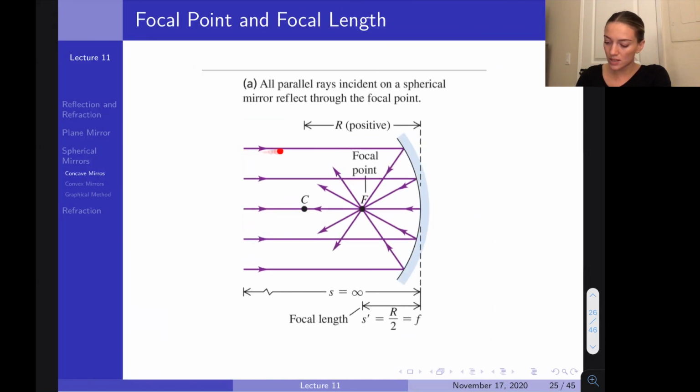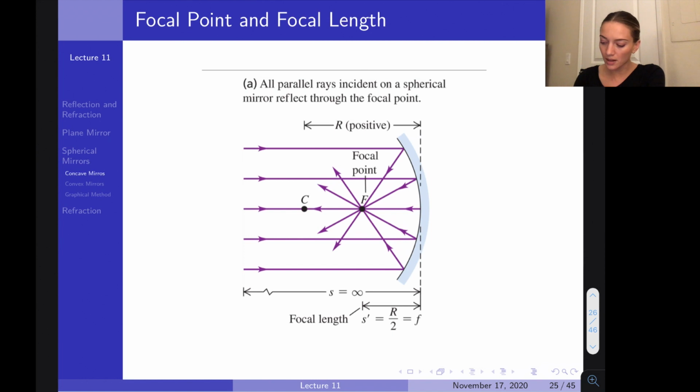You can see here, when our object is at infinity, our parallel rays come in, they're all reflected and go through a single point, and that is called the focal point, a distance f away from the vertex, which is the focal length. So the image distance s prime is equal to r over 2, which is equal to f, the focal length.